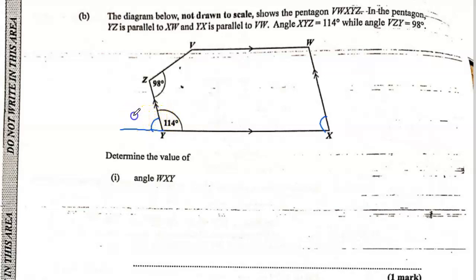So this angle would be 66 degrees. Because these two lines, ZY and XW, are parallel, the angles will be the same. So this side it will be 66 degrees, and over here it will be 114 degrees. So of course angle WXY would be 66 degrees.